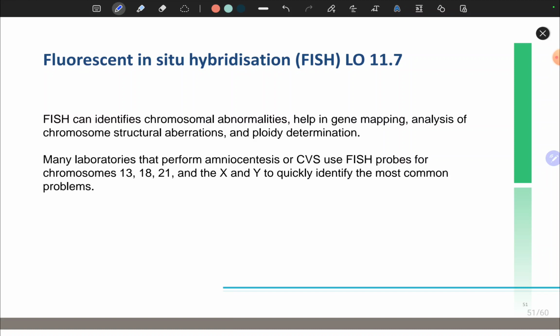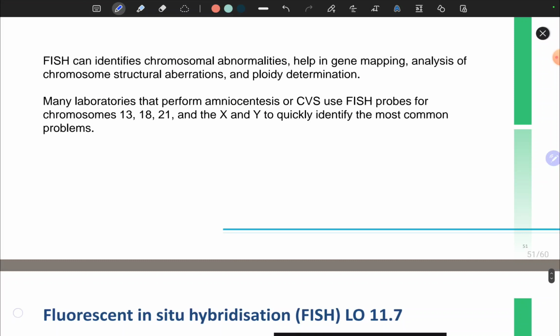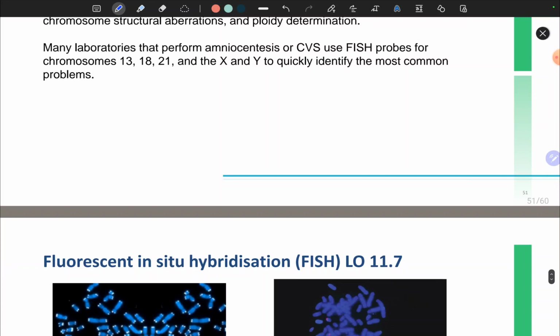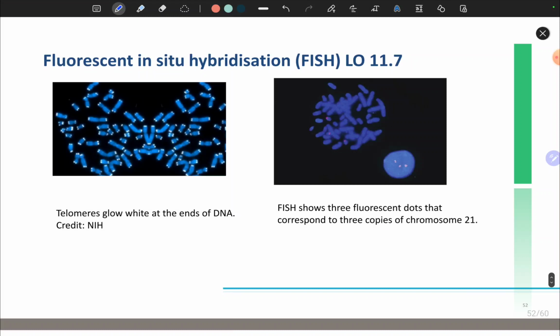So many laboratories that perform amniocentesis or CVS use FISH for chromosomes 13, 18, 21, because these are the commonest ones, and quickly identify the most common problems. So this is FISH, a specialized stain.